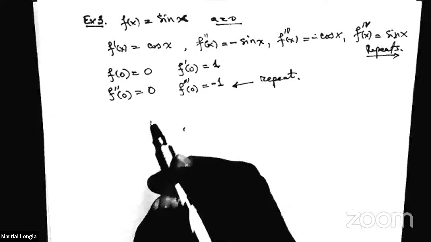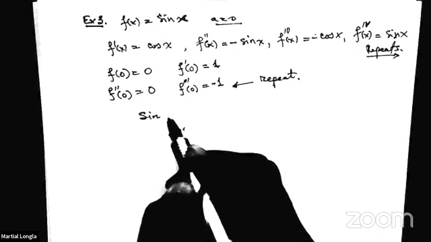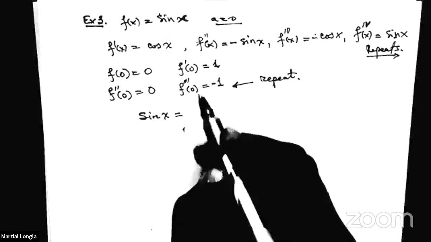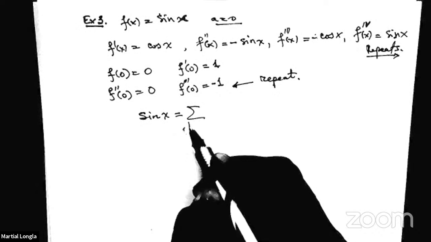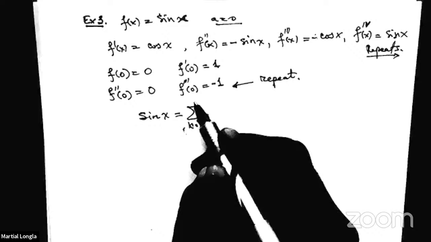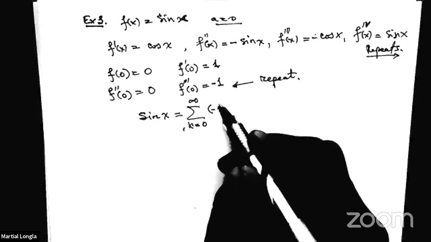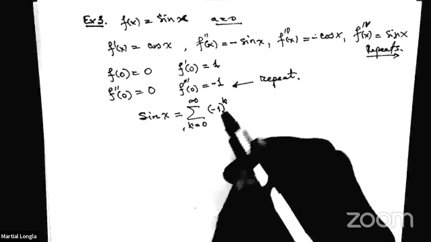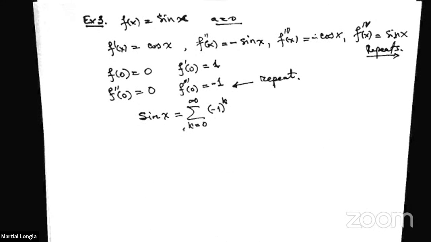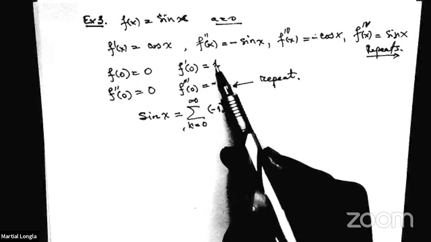Which is the reason why this whole thing would be sine x equals the sum from k from 0 to infinity of negative 1 to the power k. That would be, when k is 0 for the first term, that will be 1.